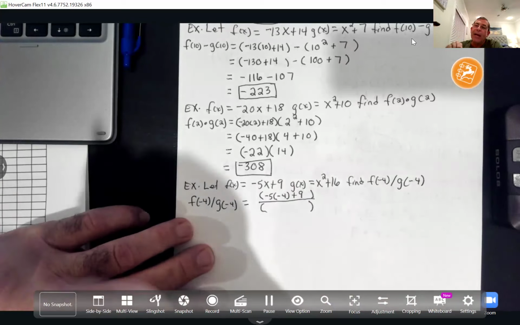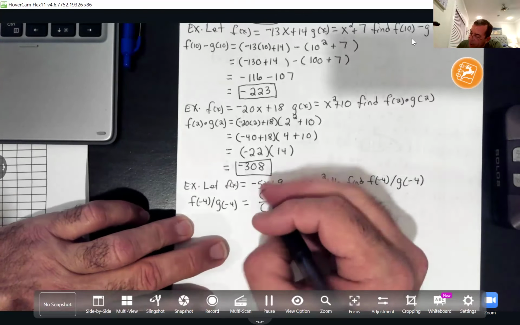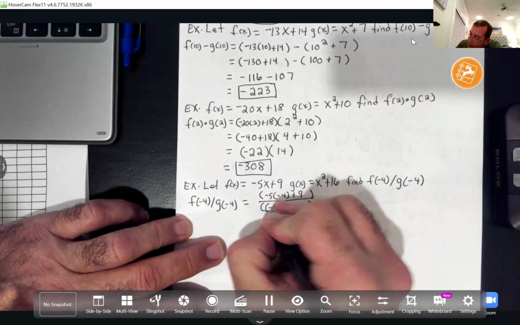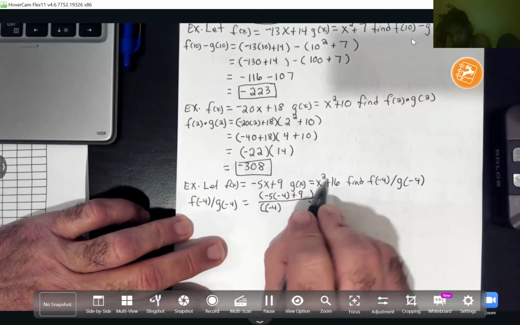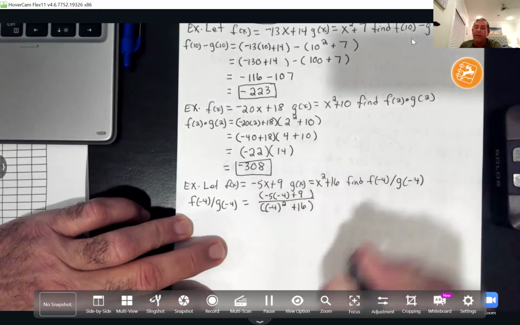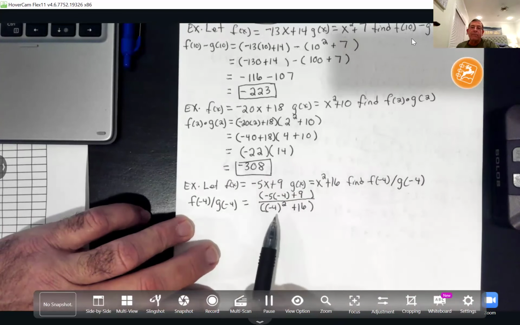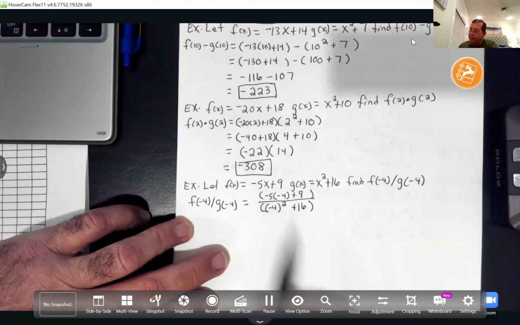Now, y'all, here's where you got to be extra careful. Since I'm putting in a negative number, negative numbers automatically get their own parentheses. And then square that plus 16. So y'all notice, negative numbers, I always put in parentheses when they got exponents there, okay?